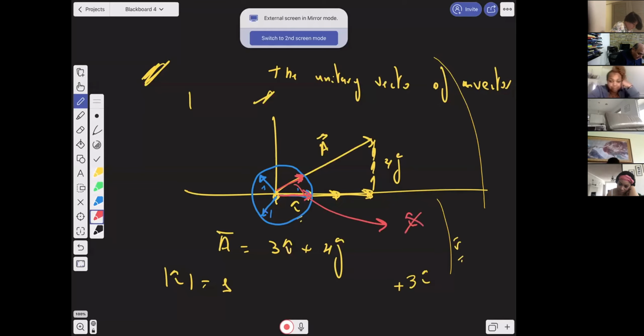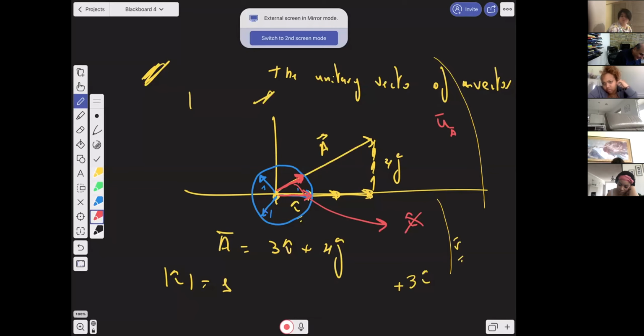So I will call the vector that is in the direction of A and has magnitude 1, U, from unitary, in the direction of A. You like this symbol? No, you don't like it. It's good.